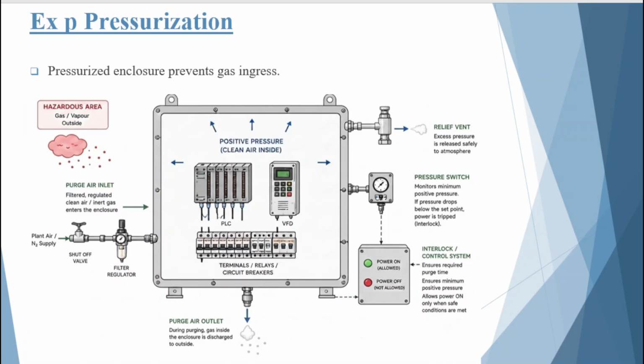XP protection is commonly used for large electrical control panels, analyzer cabinets, motor control centers, PLC enclosures, and other equipment that cannot easily be designed using XD or XE protection. In summary, the principle of XP pressurization is straightforward: maintain a clean, positively pressurized enclosure so that flammable gases cannot enter and come into contact with energized electrical components.